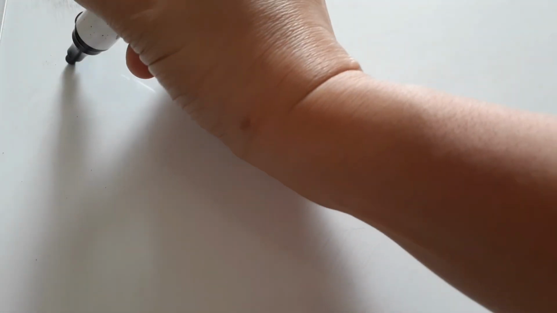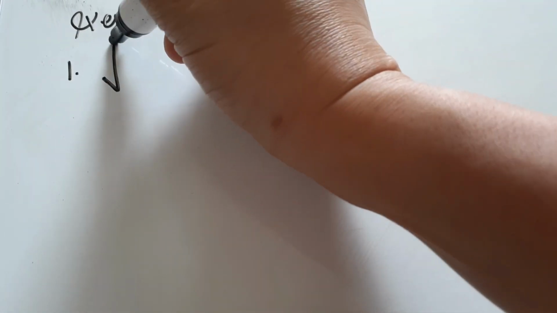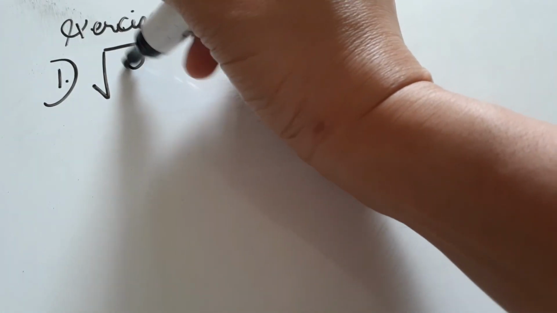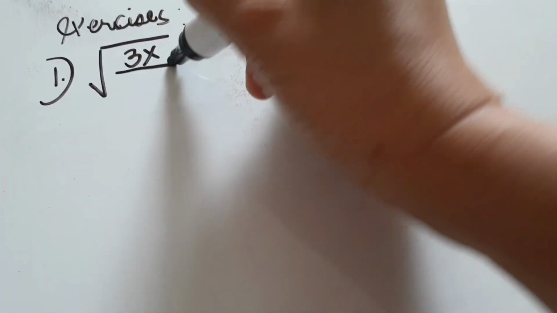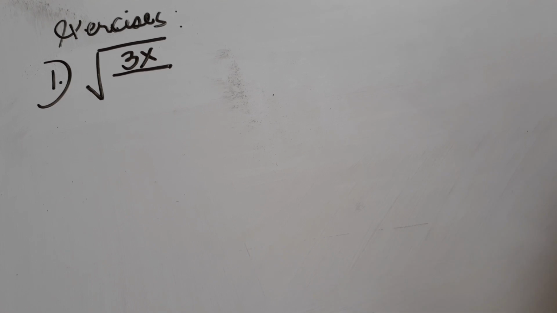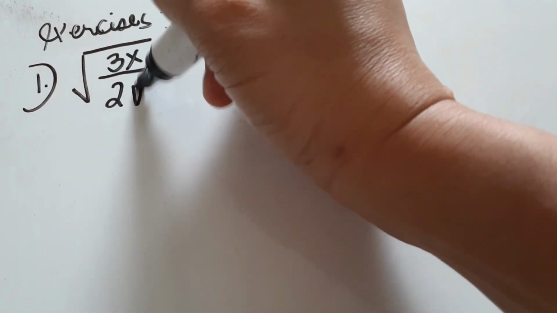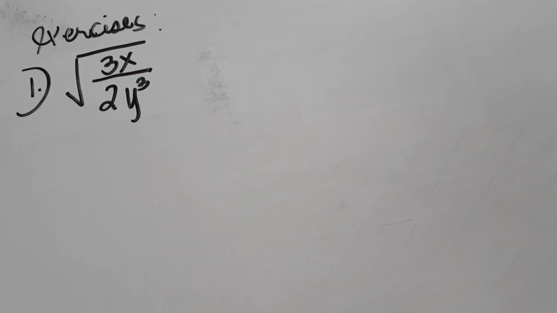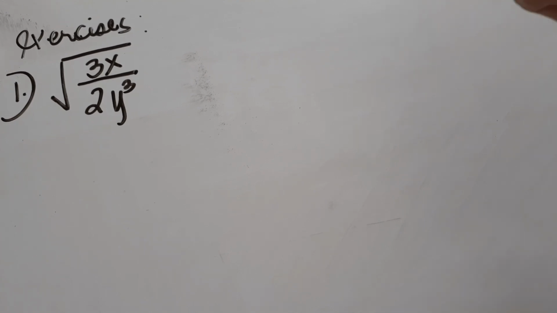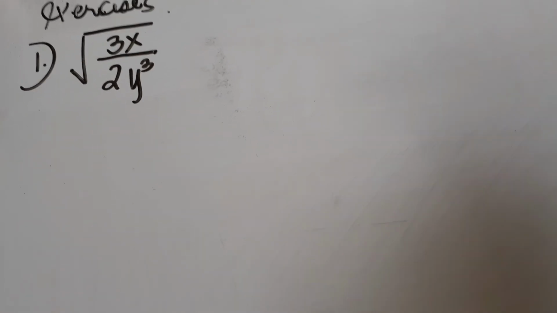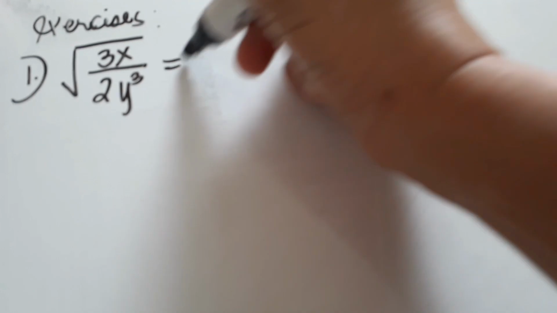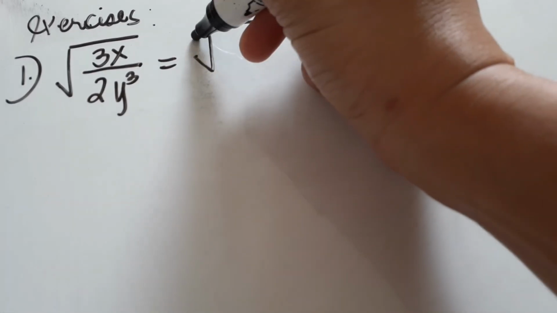And so let's do some exercises. Number 1. Since the examples are very simple, we can have exercises to do. Square root of 3x over the square root of 2y cubed.